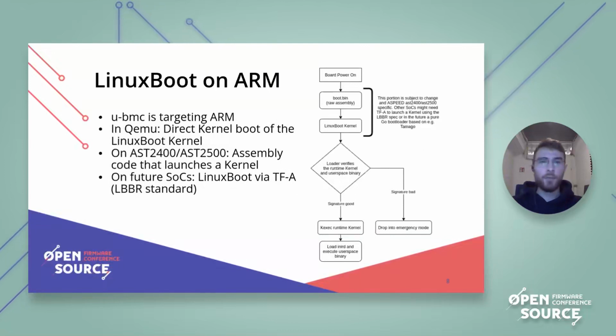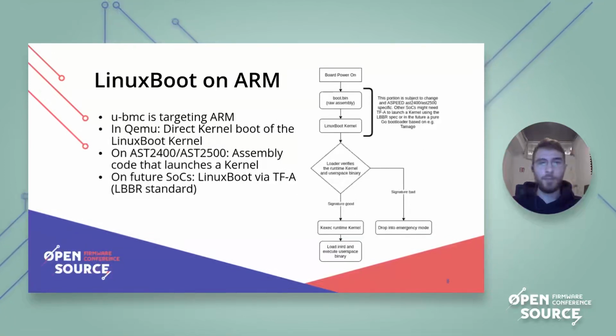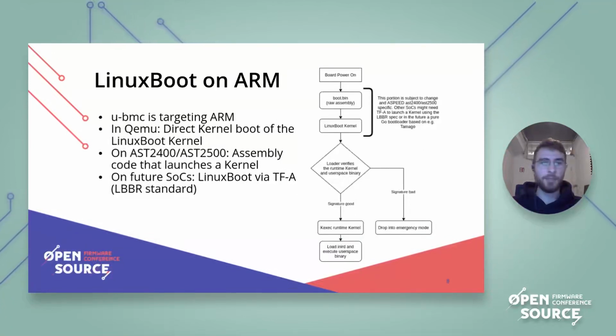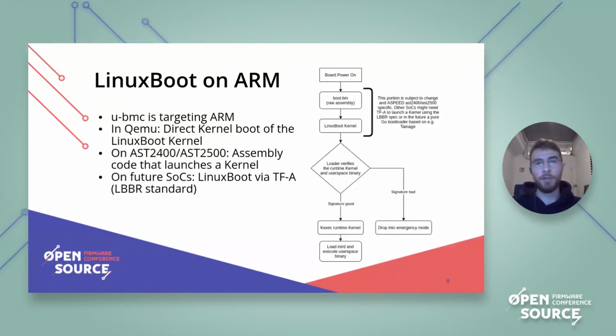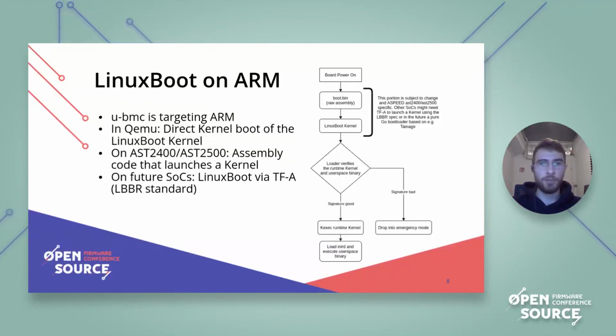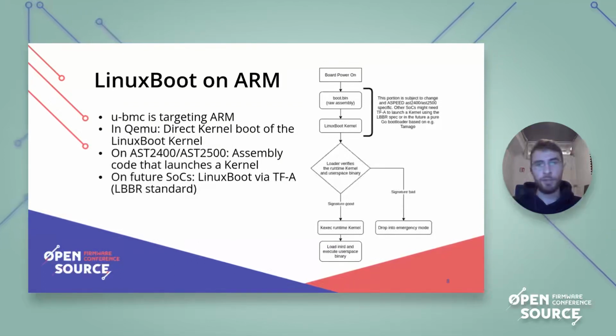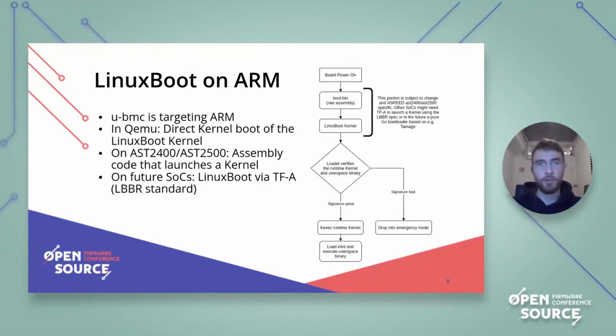So now let's get to Linux boot on ARM. Well, because UBMC is mainly targeting ARM systems, we need to look at how Linux boot actually works on this machine. Well, in QEMU, our testing infrastructure, we can just use direct kernel boot, but what about real hardware?